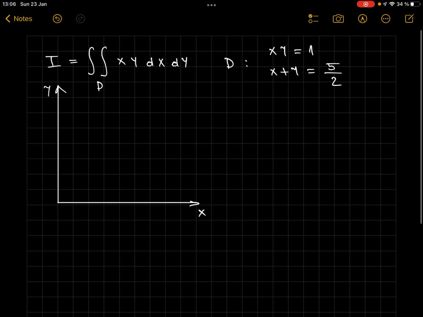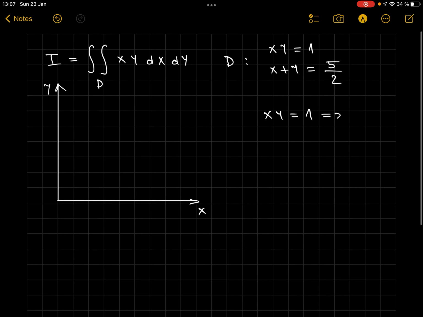And how am I going to graph these two lines? Let's just start by graphing the first line. xy is equal to 1, therefore y is equal to 1 over x.